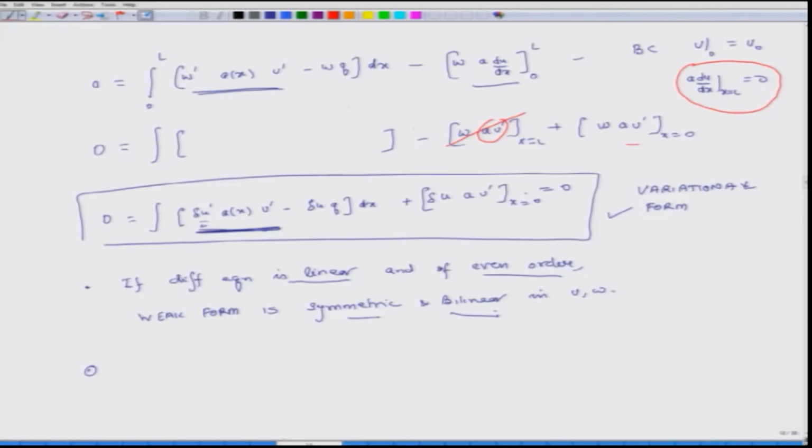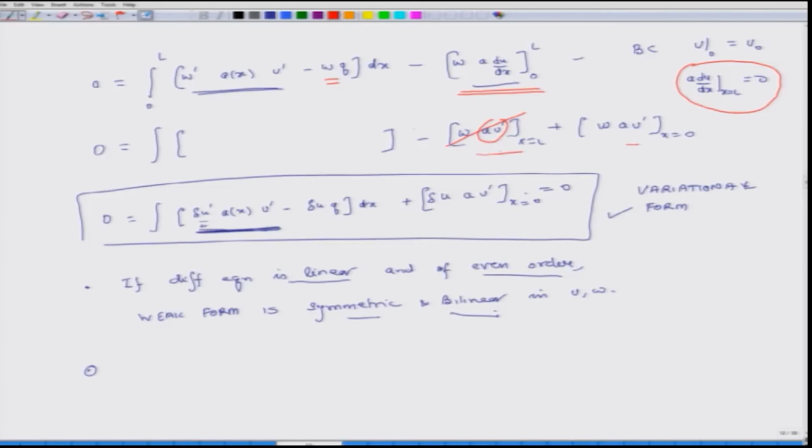So, in my definition of L, I have this W A du over dx and also W times Q. Now, in this case, at x is equal to L, I have specified that A du/dx is 0.